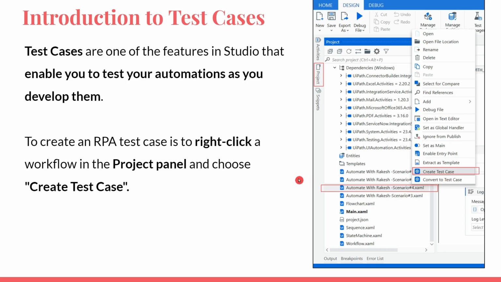You remember, why are you really testing something? Because when you are developing an RPA project, there are three areas where a fault or error can appear. One is your workflow itself has a problem, or the target application has some issues, or the environment where you are going to deploy your project has some issue, that I have discussed in detail in the previous video.